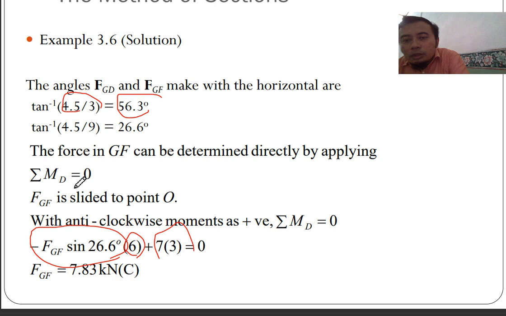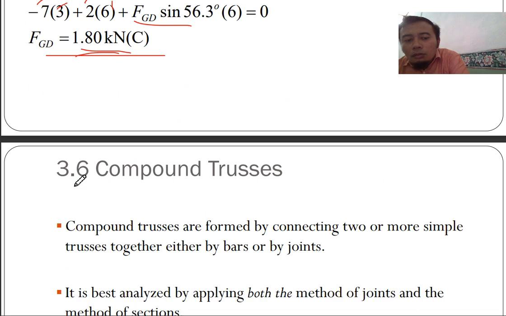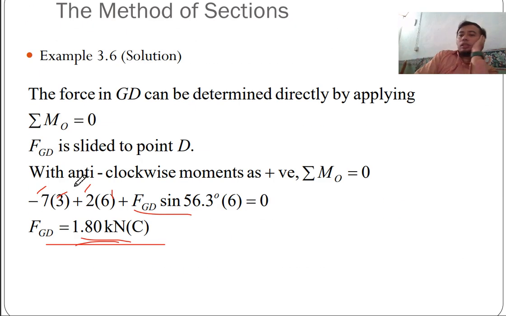So using the method of sections is good to single out forces, and to target the force in a member, and also you need to be competent in cancelling out the forces in the equilibrium of moments, like what we did in these past two examples.